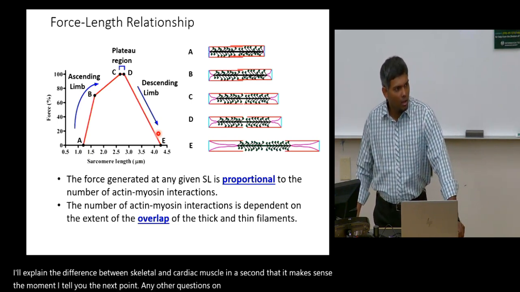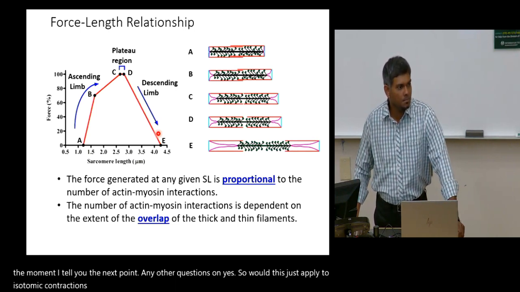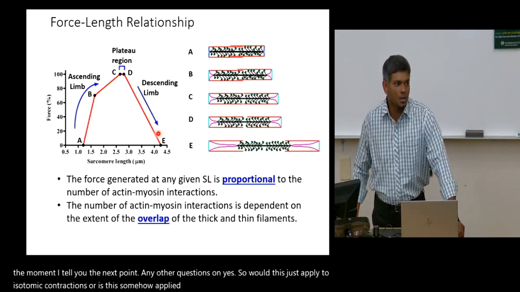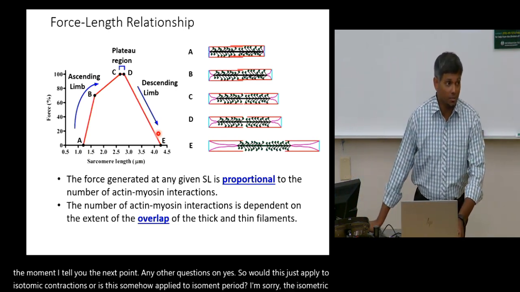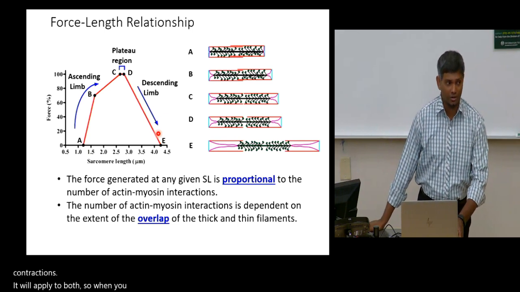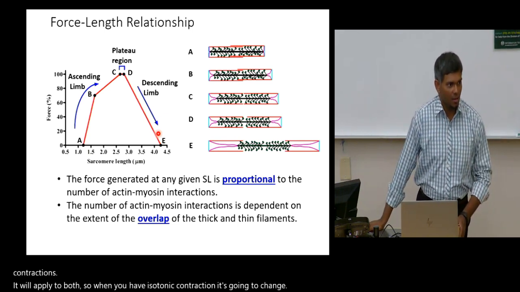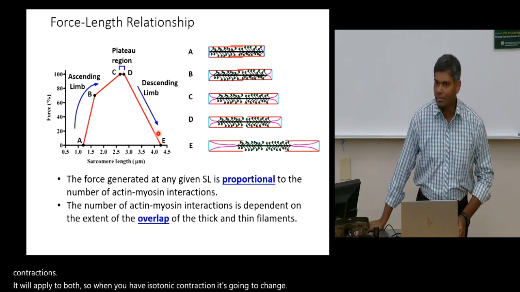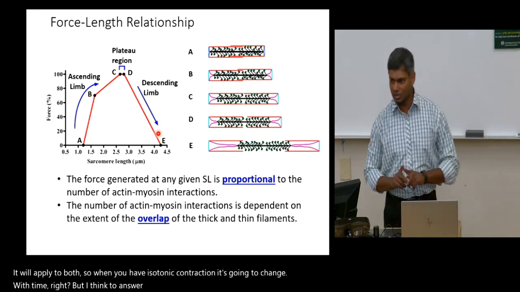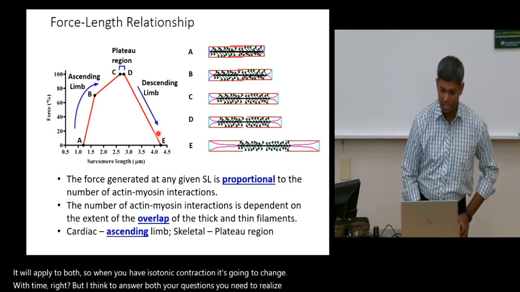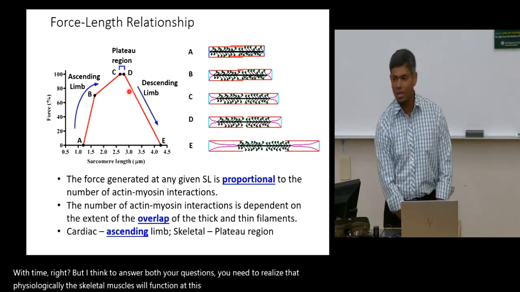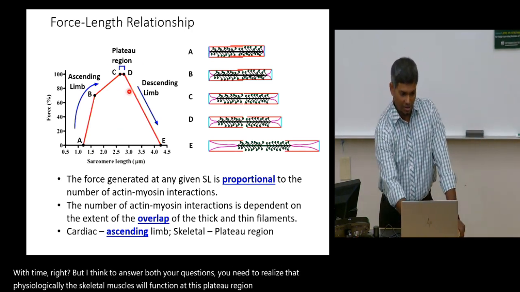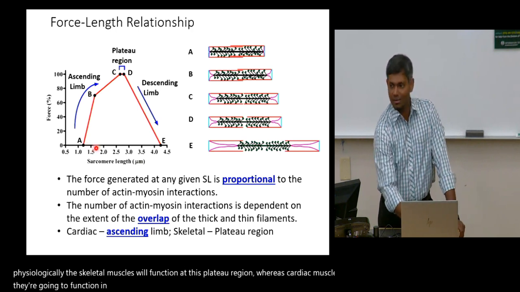So would this just apply to isotonic contractions, or is this somehow applied to isometric contractions? It will apply to both. So when you have isotonic contraction, it's going to change with time, right? But I think to answer both your questions, you need to realize that physiologically the skeletal muscles will function at this plateau region, whereas cardiac muscles are going to function in this ascending limb.